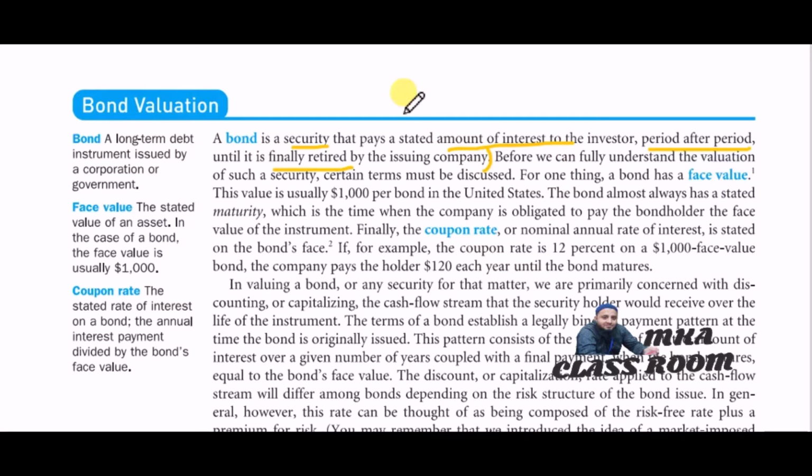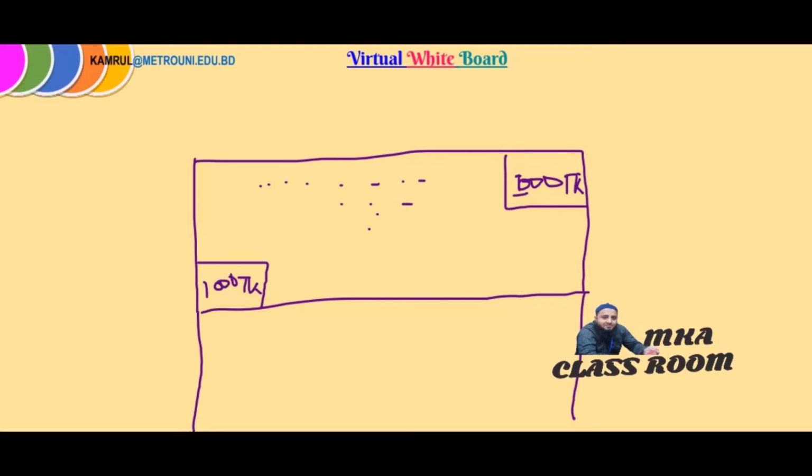So firstly we will try to know the face value, the stated value of an asset. In the case of a bond, the face value is usually $1,000 or 1,000 taka. Simply, face value means the value on the face, as like this is a bond.